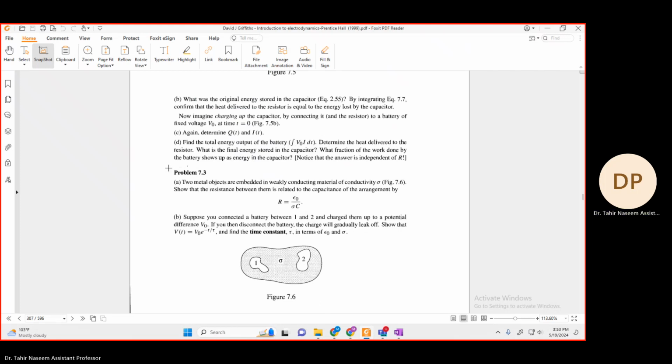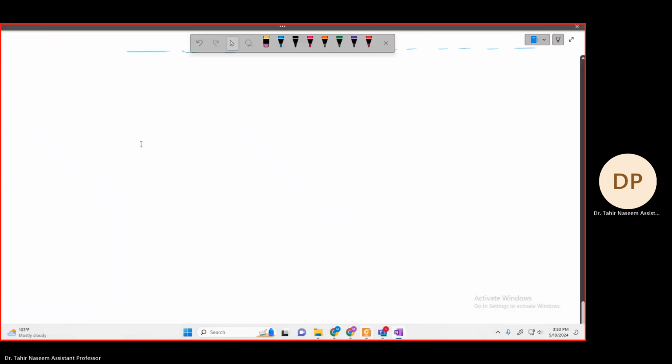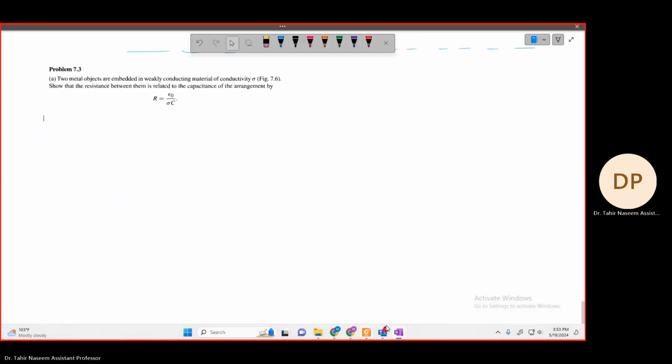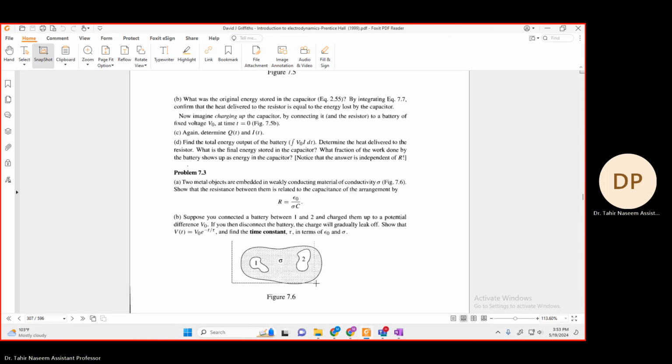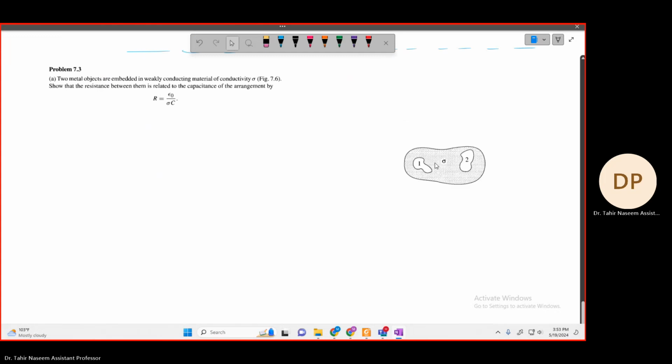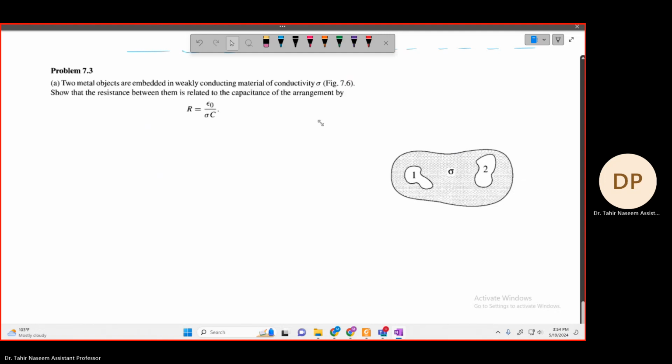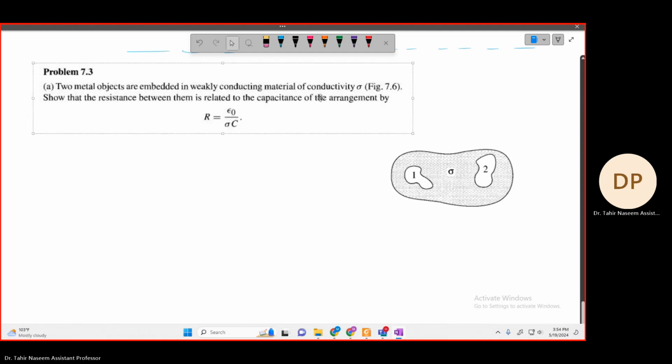First let's look at this. Let's copy the figure as well. Pause the video and try to solve this by yourself.